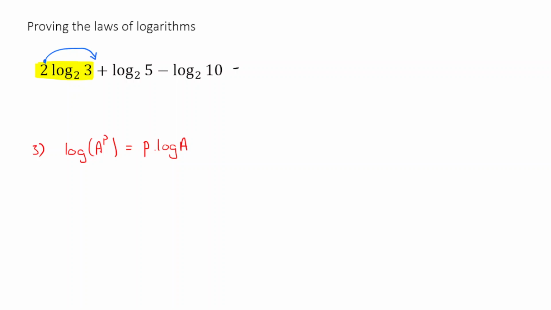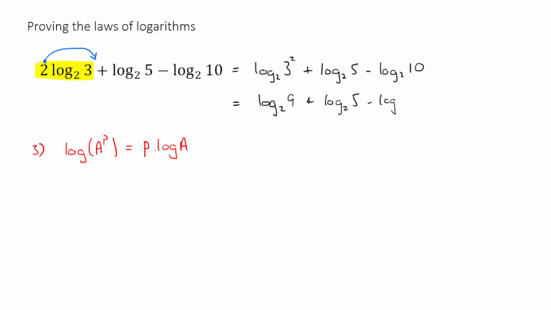We will have here, if I simplify, log base 2 of 3 squared plus log base 2 of 5 minus log base 2 of 10. And you should know that 3 squared is just 9, so I've got log base 2 of 9, plus log base 2 of 5, minus log base 2 of 10.